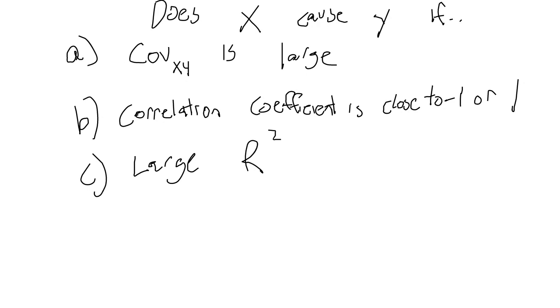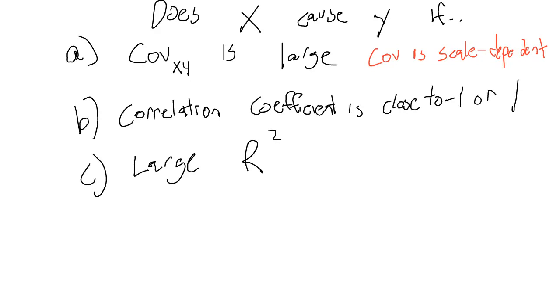So the first one, if the covariance of X and Y is large, we can't even be sure that X and Y are correlated, right? Because we learned that covariance is scale dependent. We can't tell just by looking at the covariance whether or not they're closely related. Remember, we could change the covariance just by changing the units of our observations.